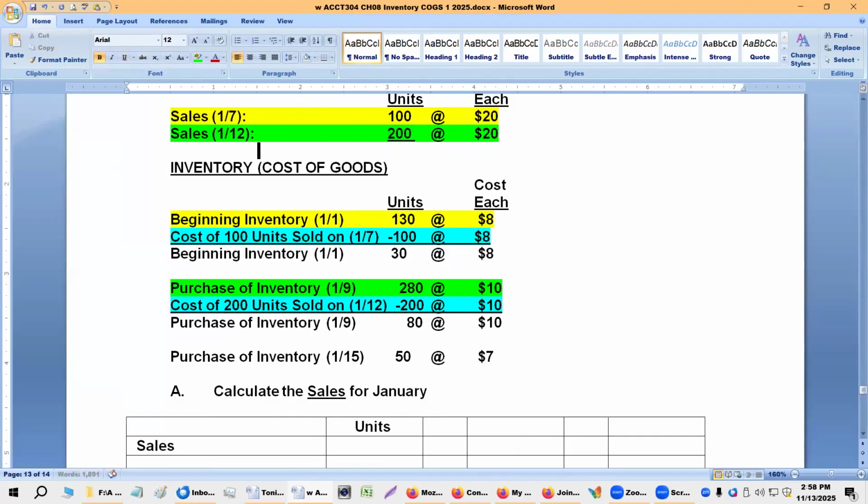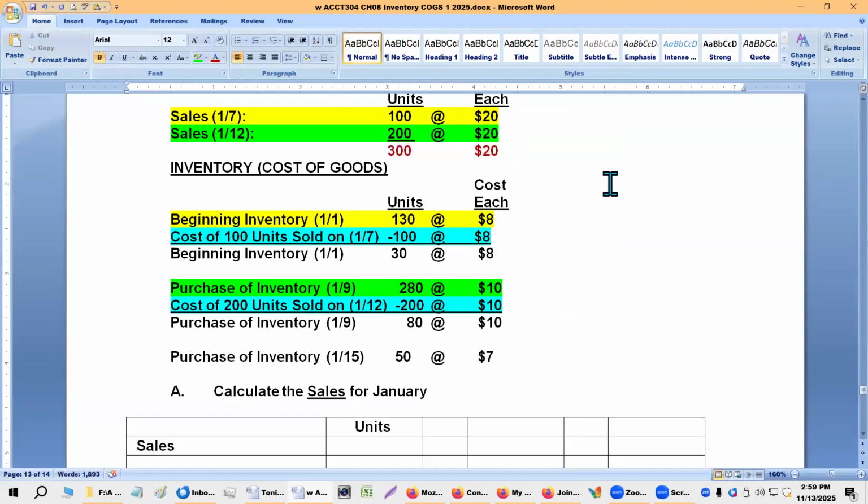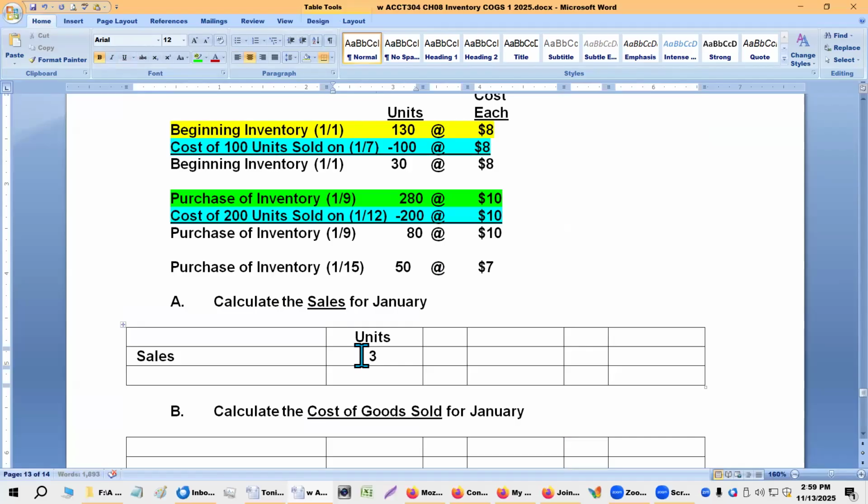If they were sold at different prices, we'd have to do them separately. I'm going to put them in all at the same time. In future handouts, I will make those so that they are. 320. Okay, so 300, just to shake things up.